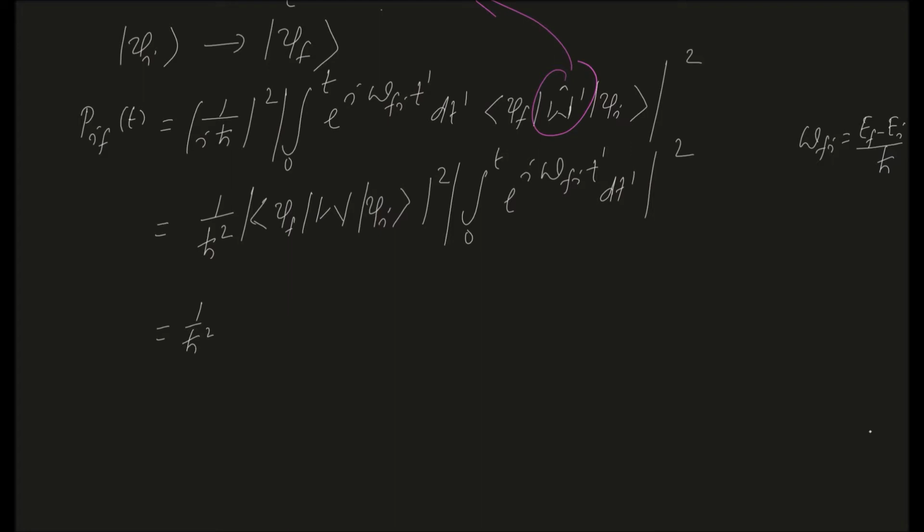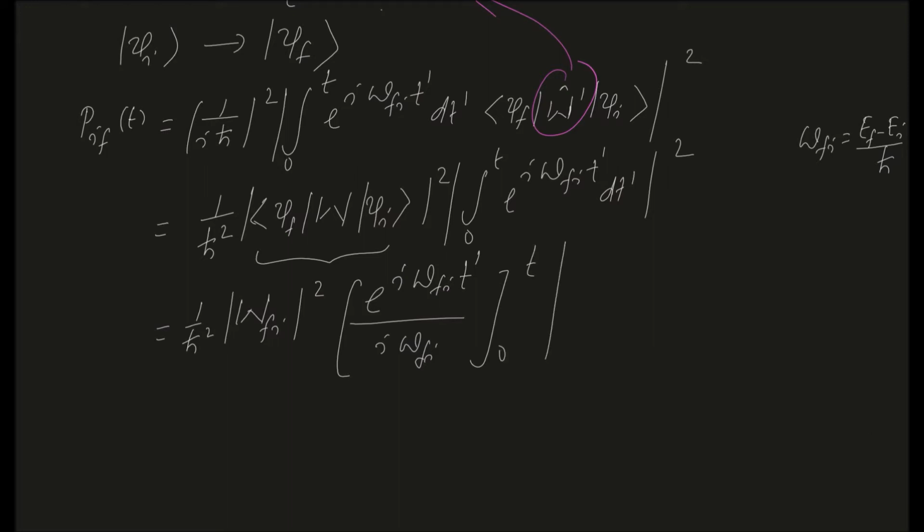So this entire thing can be written with the matrix element W_fi. So modulus of W_fi square by h cross square, then the integral will give us e raised to i omega_fi t prime by i omega_fi. Then you have to apply the limit from 0 to t, then take the modulus square.